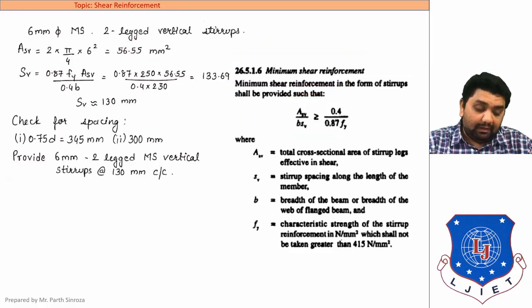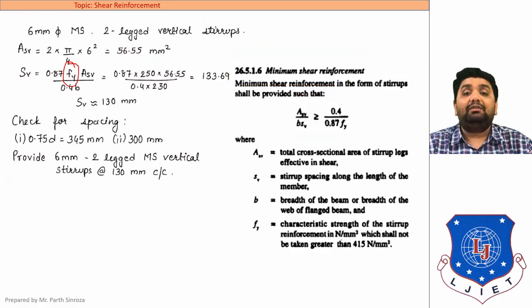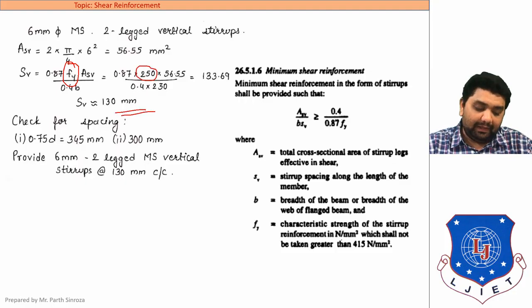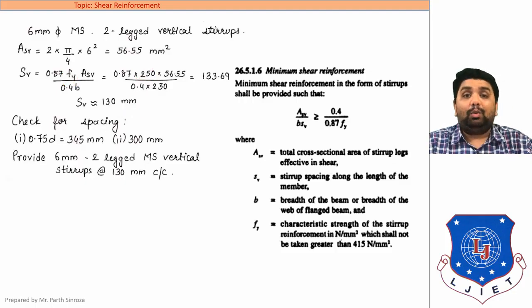Again keep in mind, the Fy we will be substituting is for stirrups. So stirrups we will always use of mild steel, so Fy will always be 250 for mild steel. So substituting 250 here, we get a value of 130 mm.